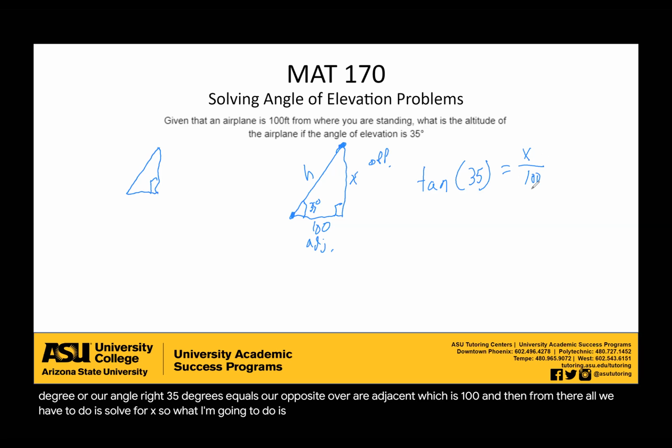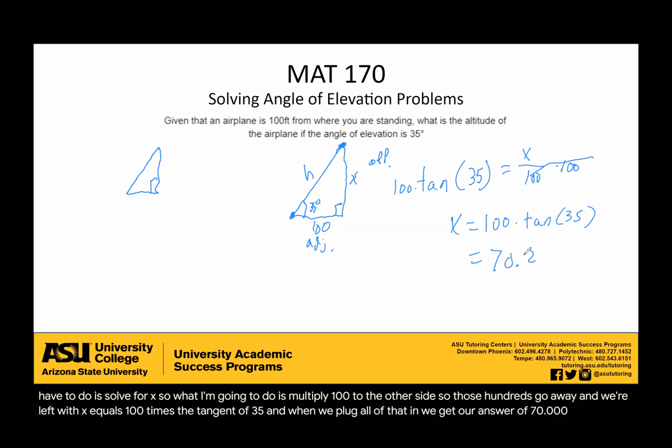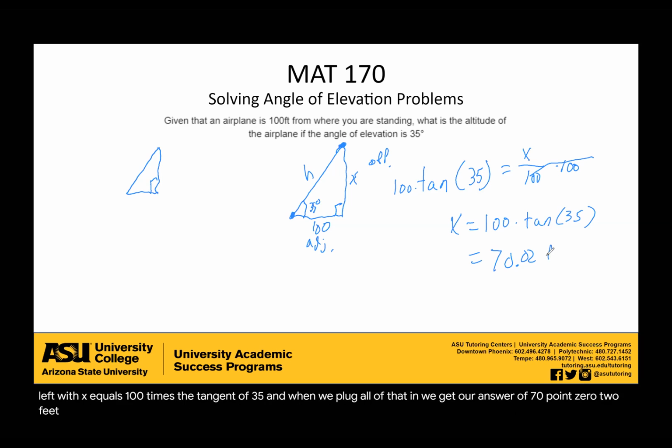I'm going to multiply 100 to the other side, so those hundreds go away, and we're left with x equals 100 times the tangent of 35. When we plug all of that in, we get our answer of 70.02 feet. That is how high the airplane is above the ground, given that we're 100 feet away from it.